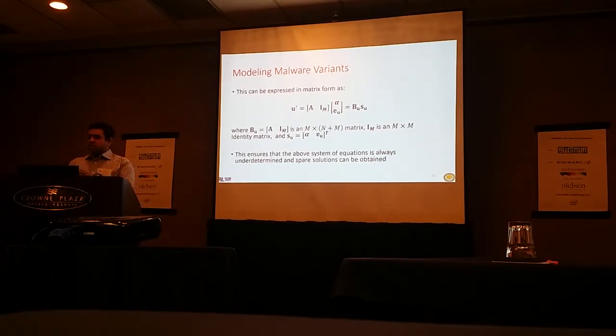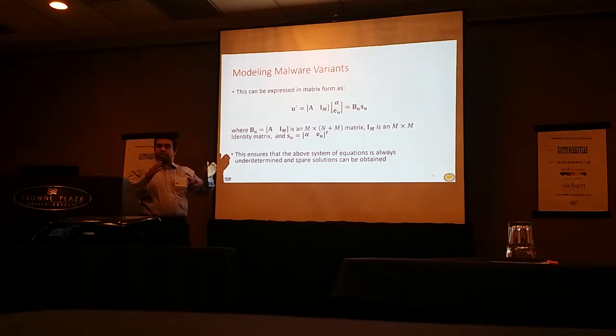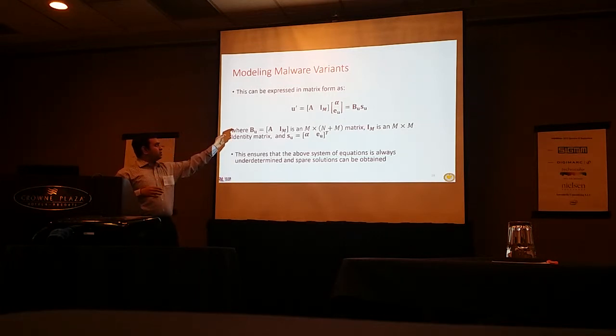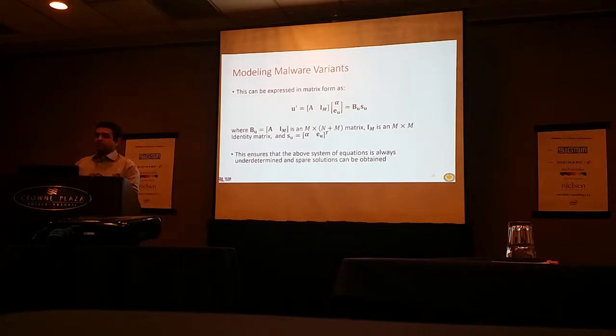And this equation can be represented again in terms of block matrices, where U dash is the concatenation of A, which is the malware data set, and IM, an identity matrix, multiplied by alpha and EU as the column. This is again another system of equations, but it will always be underdetermined because we have A and IM, so sparse solutions can always be obtained.